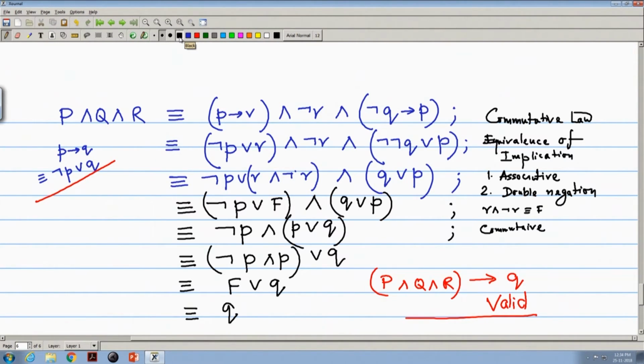Now, if we remember the definition of tautology, the truth value of the compound proposition should be always true.